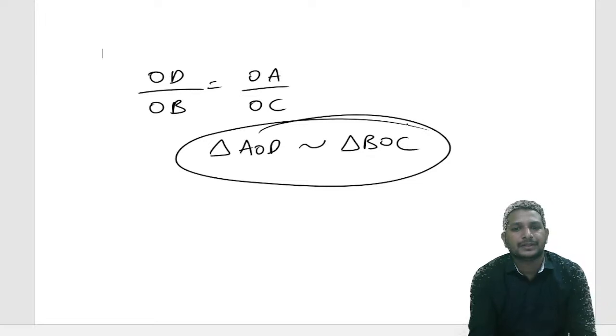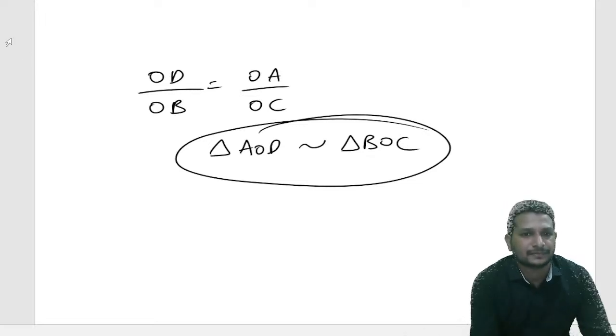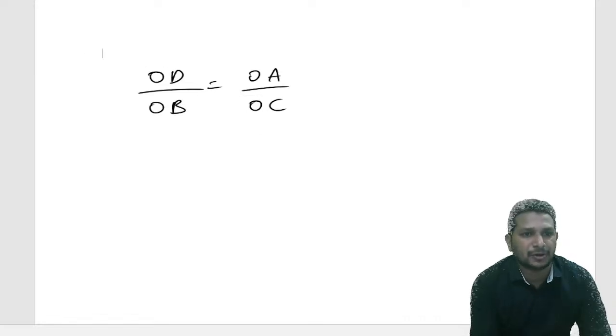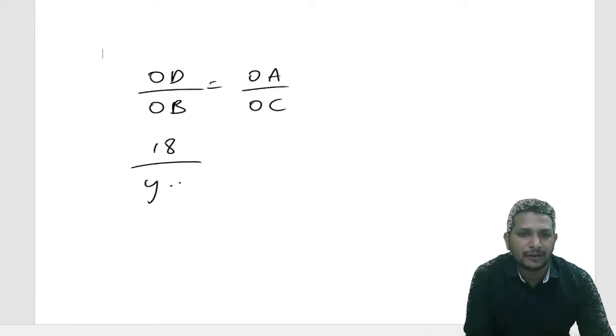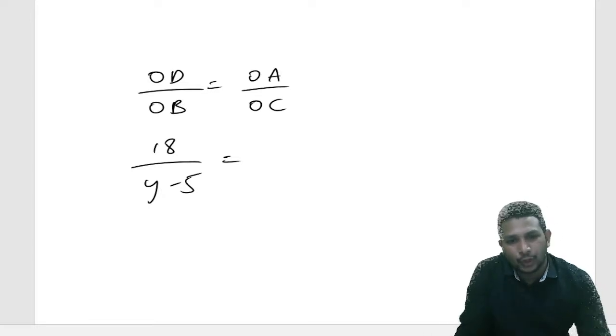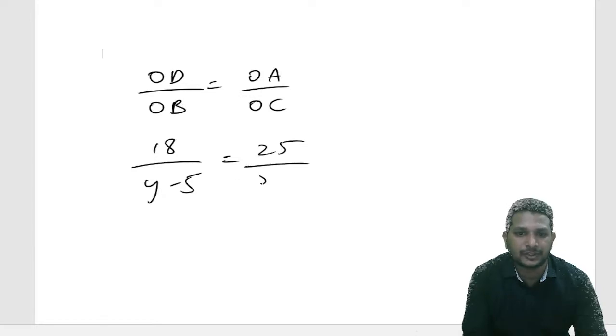These are similar triangles, so that's the reason these are the corresponding sides. So OD is given as how much? 18 by y minus 5 equals OD by OB equals OA by OC, 25 by x plus y. So this is the one.